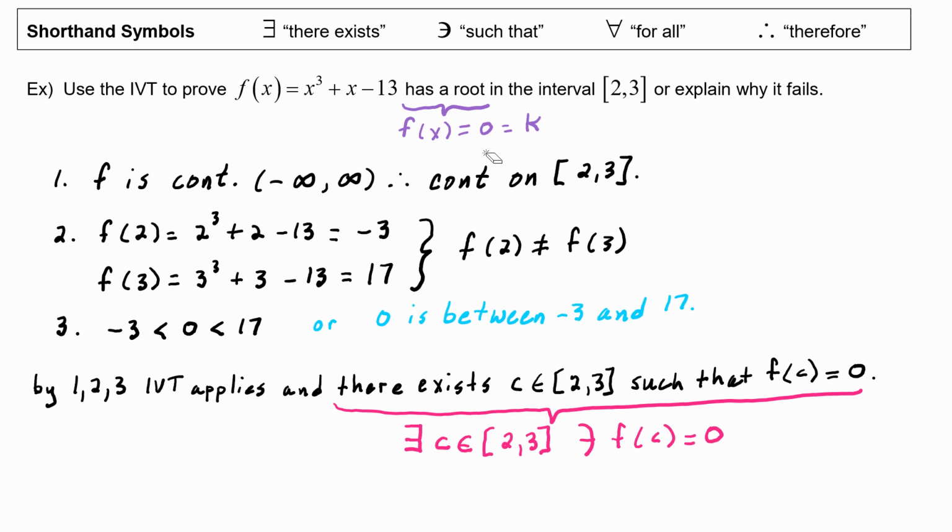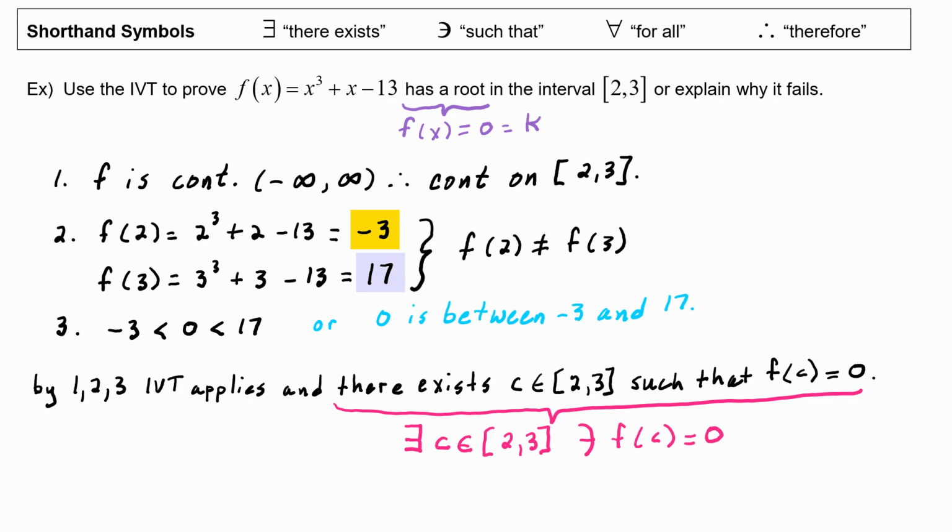Now, since we have a continuous function, and at one endpoint the y value was negative, at the other endpoint the y value was positive, what the intermediate value theorem is saying is, of course it has to pass through 0 on the way from a negative to a positive.